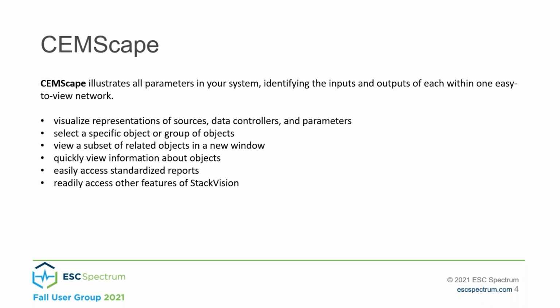You can view a subset of related data in a new window. You can quickly view information about objects. You can easily access reports from the objects on your screen, and you can readily access other features such as DataLab or CalLab from this tool as well.